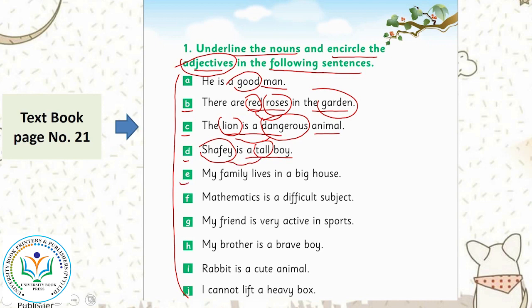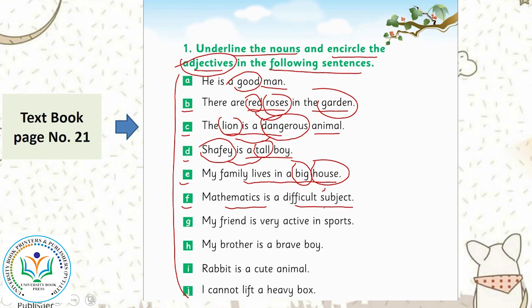E, my family lives in a big house. Here the noun is house and the big is what? Yes, the size of a noun. Big is the adjective here. F, mathematics is a difficult subject.